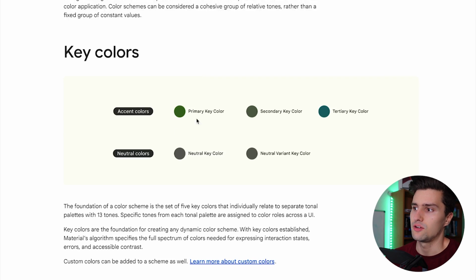And you can already see that your primary color is, well, typically something rather bright, something that should stand out, like green, like orange or so, which is typically used for some call to action buttons or so. Then the secondary key color is usually based on your primary key color, so it's kind of similar, but just a different tone, probably a little bit darker or lighter.